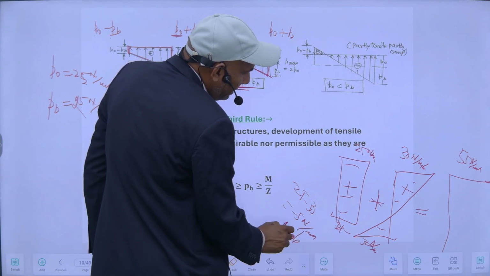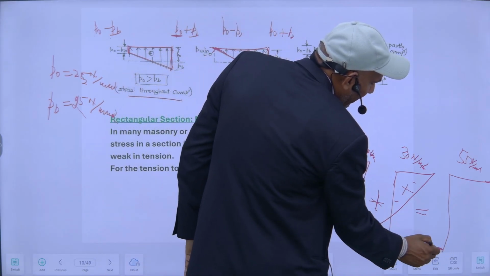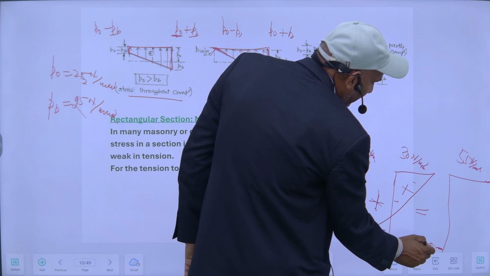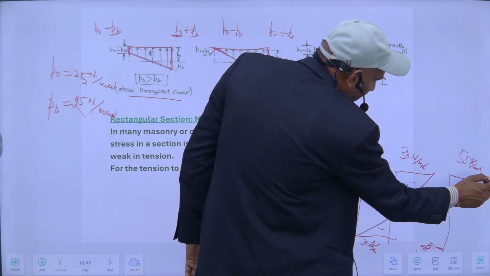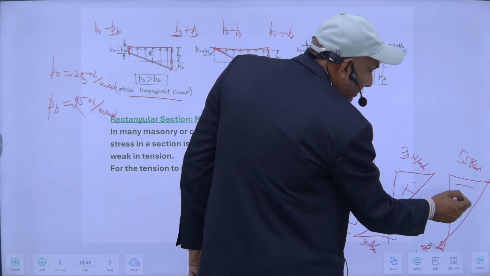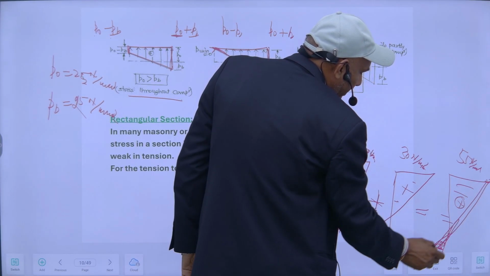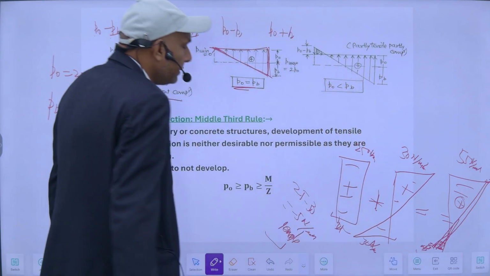My stress will be tensile here, so it will be 5 Newton per mm square. Tensile stresses will be there. So my stress diagram will be like this.